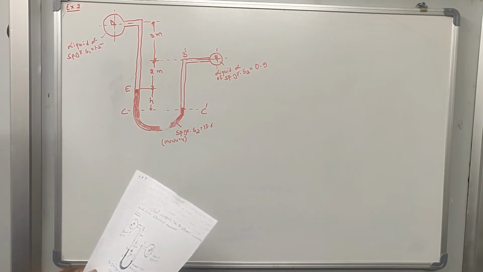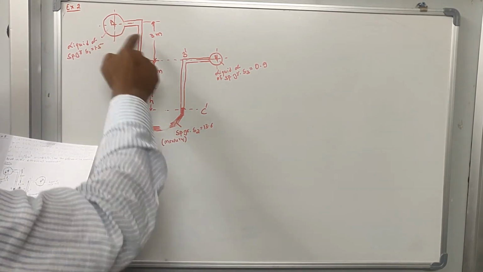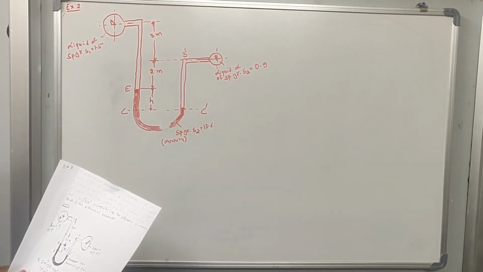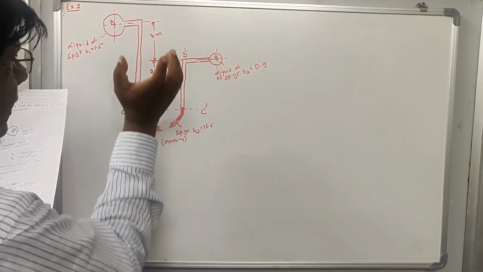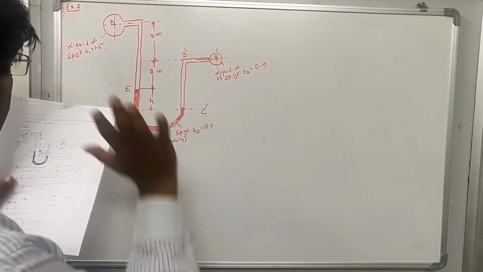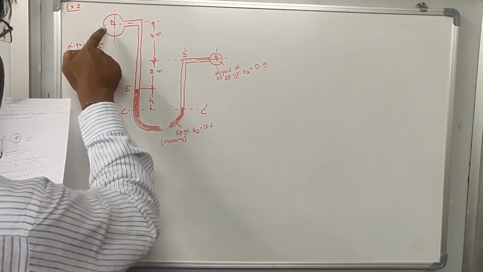A differential manometer is connected at two points of the two pipes, that is pipes A and B, as shown in the figure. These are the two pipes running at different elevations.